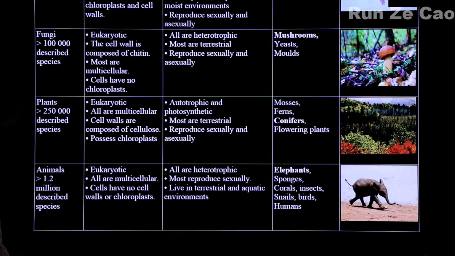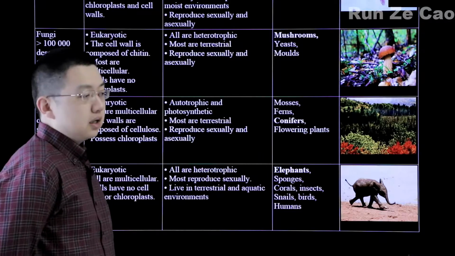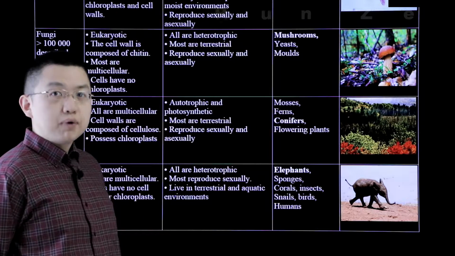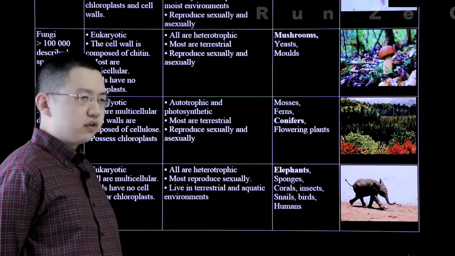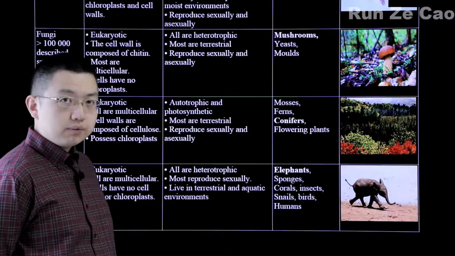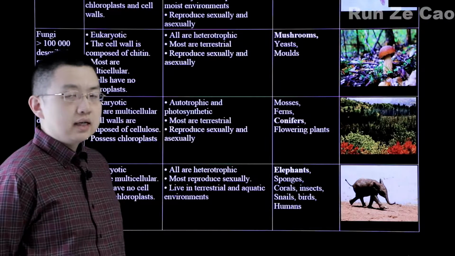Most fungi are multicellular. Chytrids are an exception. The cell wall is composed of chitin. Chitin is something that we're probably more familiar with when talking about insect carapace, like beetles. Chitin is similar to cellulose, but there's a few differences, namely a nitrogen-based group that is attached to one of the carbons.